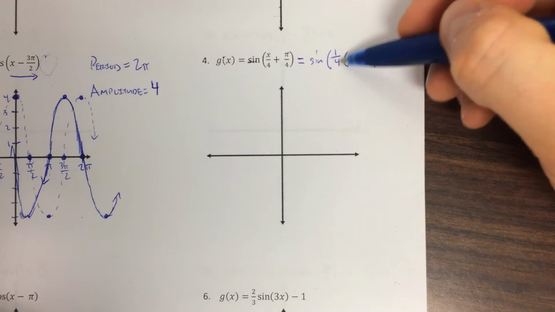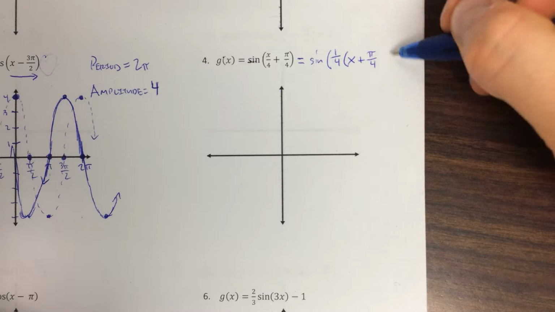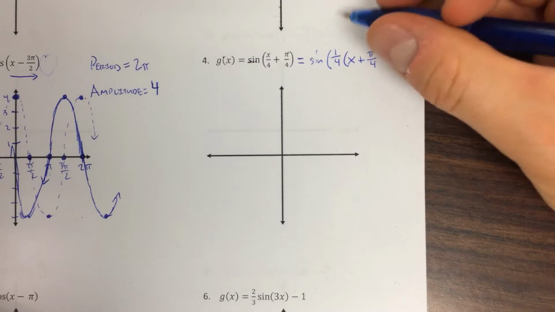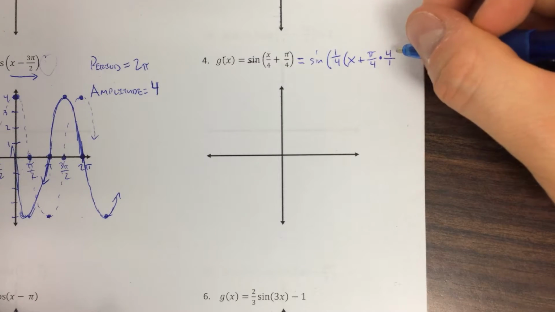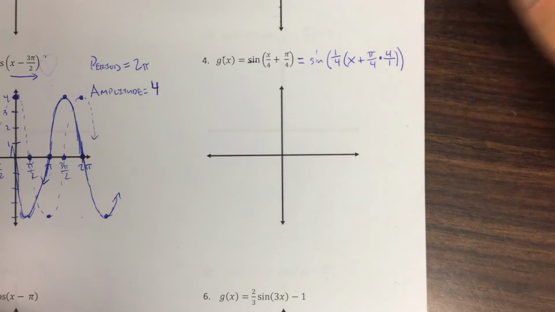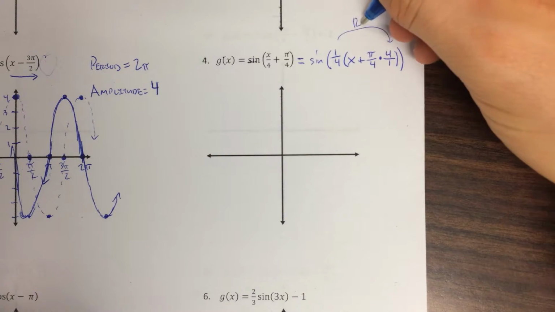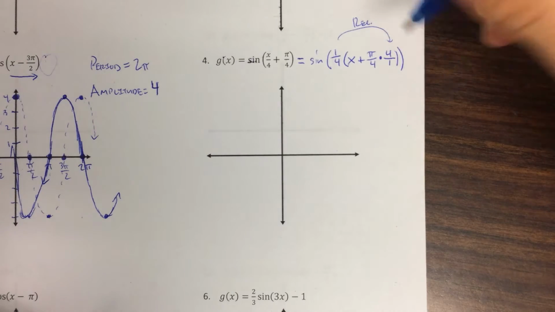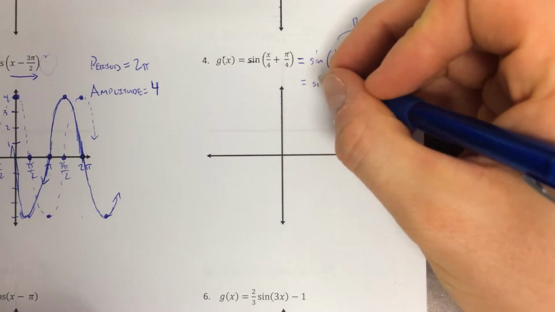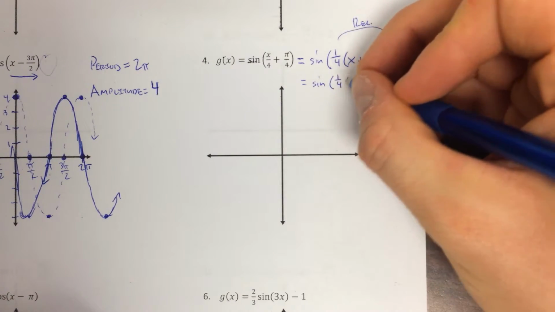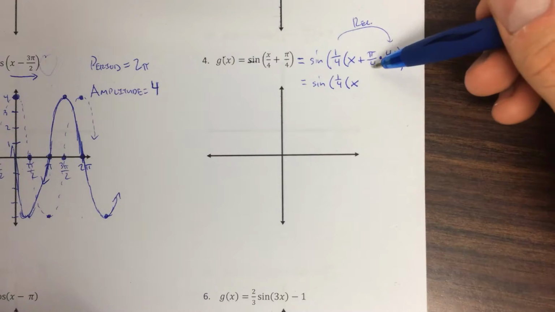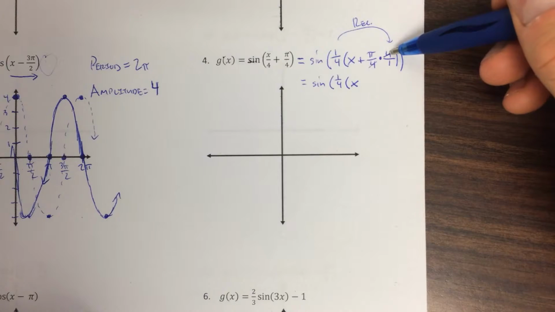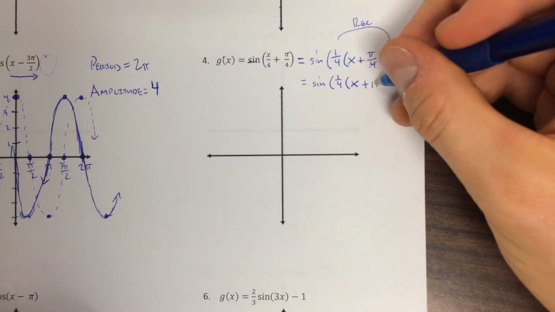But because I factored out a 1/4, I'm going to divide pi over 4 by 1/4. Or, since we're dealing with fractions, multiply by the reciprocal. So from here to there, that's the reciprocal, because we're really dividing. And so what we end up with is sine of 1/4 x. Here we can already see if we multiply these 4's, they divide out. So plus pi.